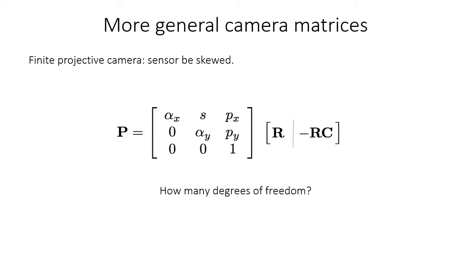From the previous slides, we assume that sensor is squared, but sensor may be skewed. Like sensor becomes like parallelogram. Then we have another parameter, this S, skew parameter. Then how many degrees of freedom? 11, right? So usually this camera matrix has 11 degrees of freedom.